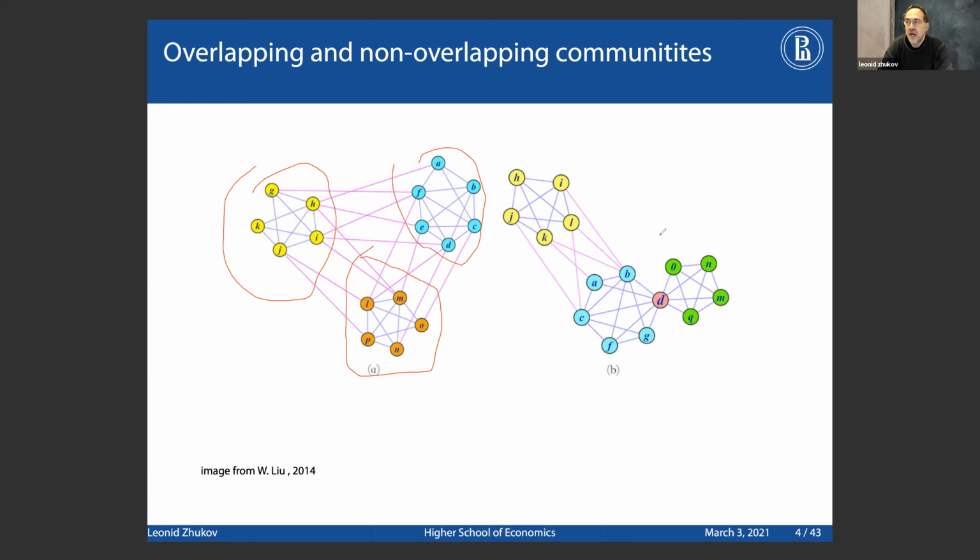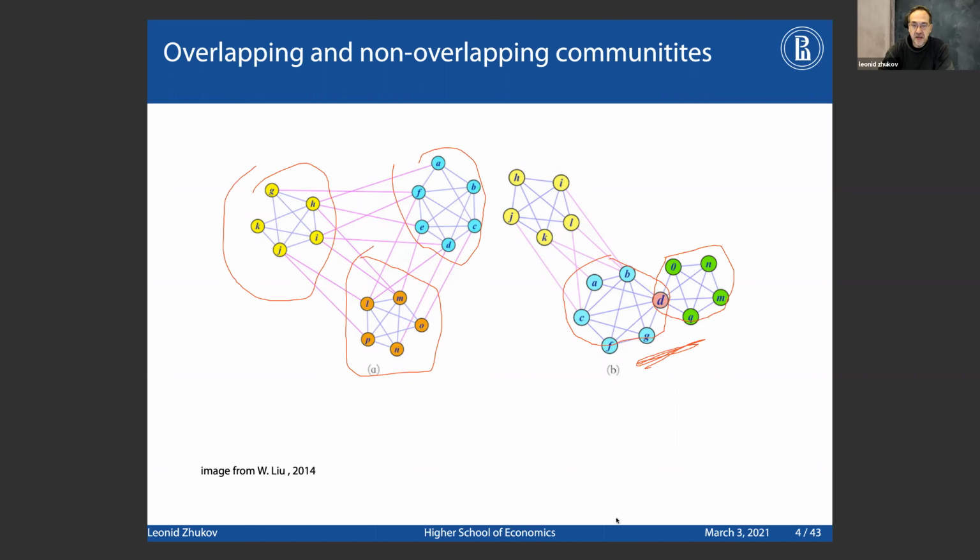But then we might also encounter a situation like this, where we have a node that is explicitly lying on the intersection of two groups. So this is a community and this is a community, and then node D does not exclusively belong to one community, but it can actually be assigned to two communities.